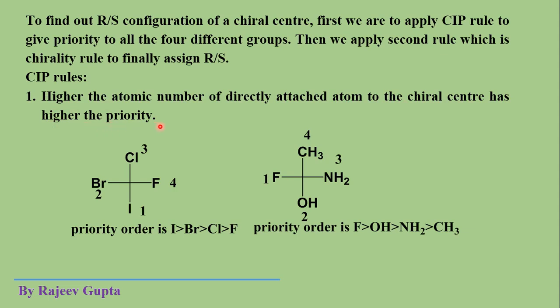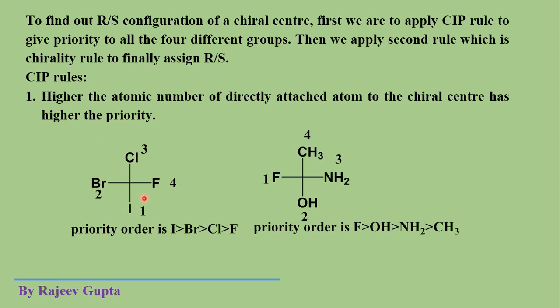It means the atom present in that group should be directly attached to the chiral center. We will see the atomic number, meaning the proton number, of that directly attached atom.